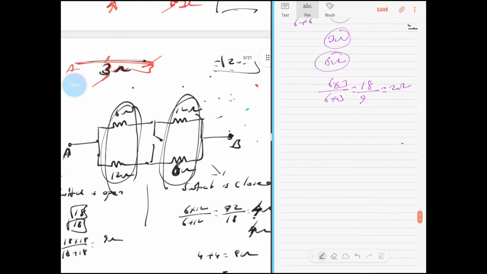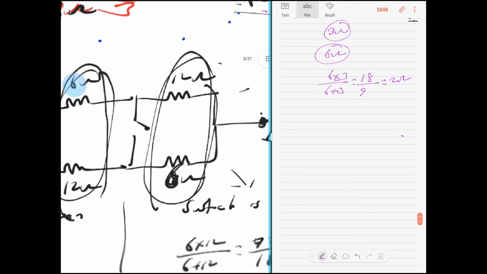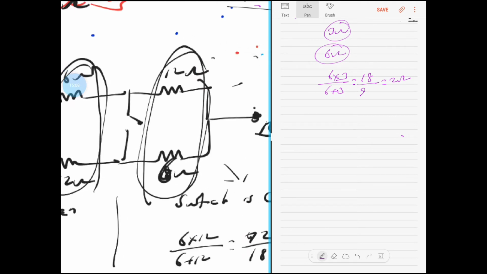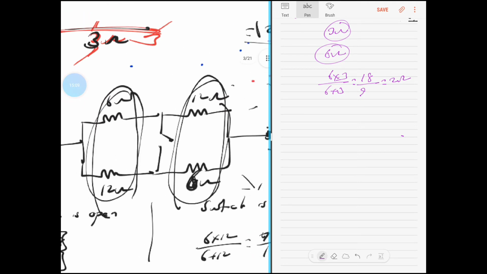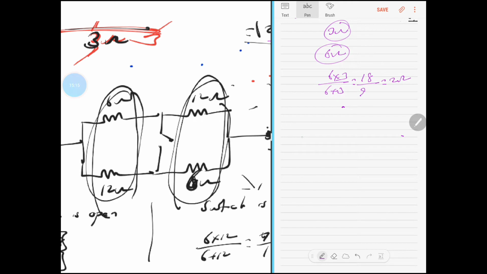Can you see this question? You have a 6 ohms and a 12 ohms here, and 12 ohms and 6 ohms here. Look at the center. What I notice here is it's like a Wheatstone's bridge, the resistance on the top 6 by the resistance at the bottom, and this is 12 by 6. Oh, it's not, it's 1 by 2 here and it's 2 here.